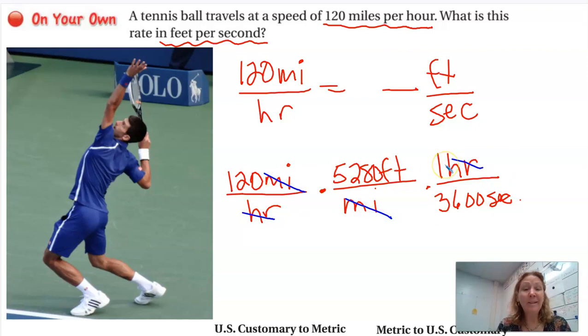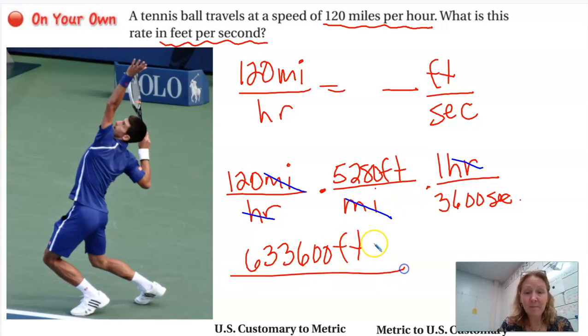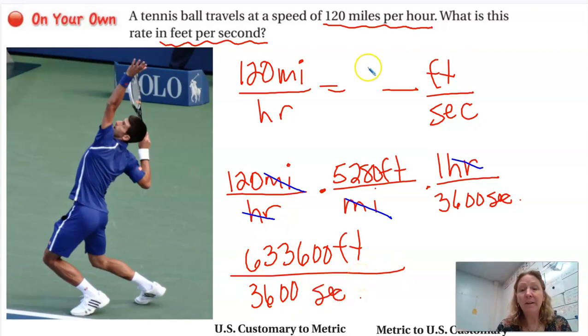When I multiply, I don't even want to try to simplify before I multiply with this many numbers. It's just easier to multiply across. So I end up with 633,600 feet on top, and on the bottom I have 3,600 seconds, and that simplifies to 176 feet per second.